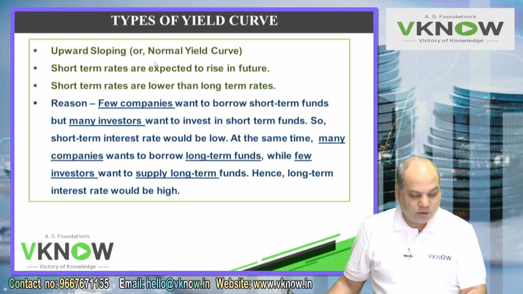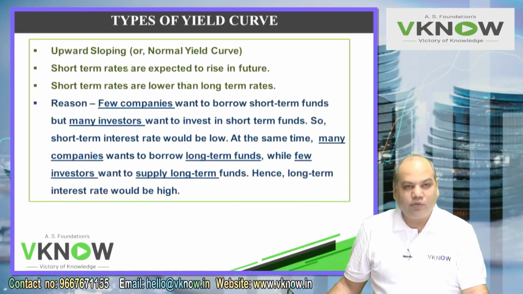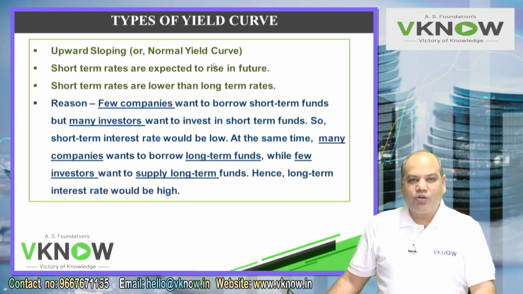The first point is the upward sloping yield curve. The diagram that you had seen was an upward sloping yield curve. Upward sloping yield curve is also called normal yield curve, because usually, in general, the shape of the yield curve will be upward sloping.